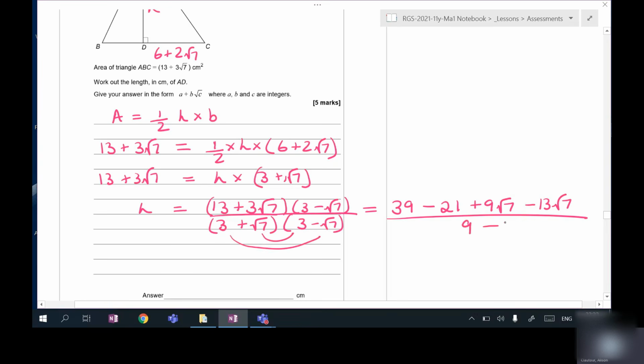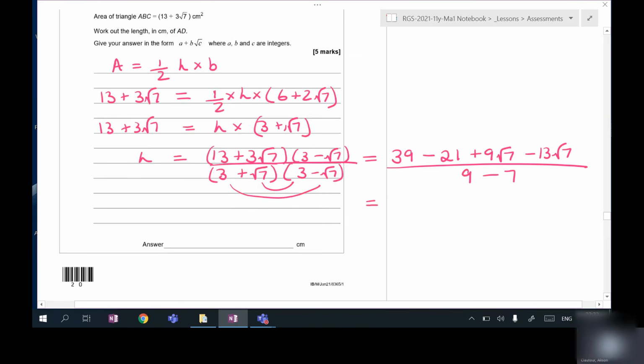Then we've just got root 7 times root 7, which is 7. So if we do 39 take away 21, we've got 18. And then 9 root 7 minus 13 root 7 is minus 4 root 7. Divided by 2. So 9 minus 2 root 7.